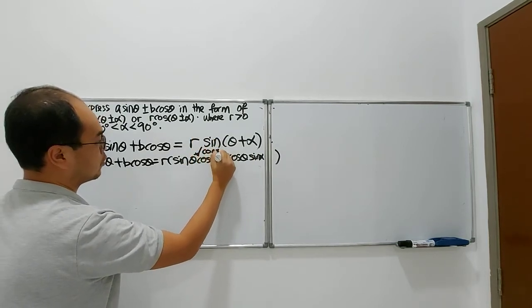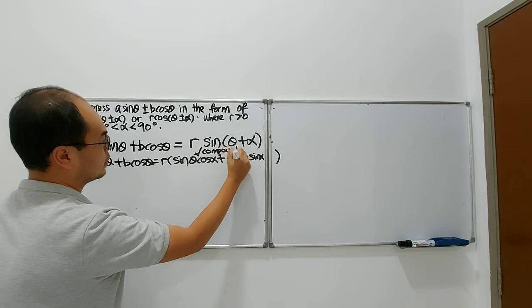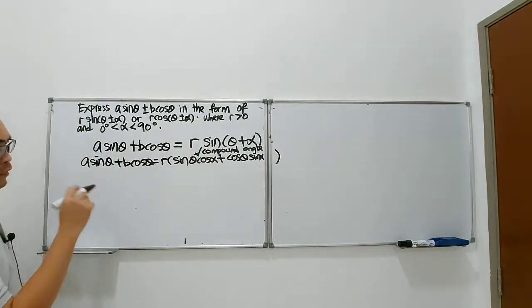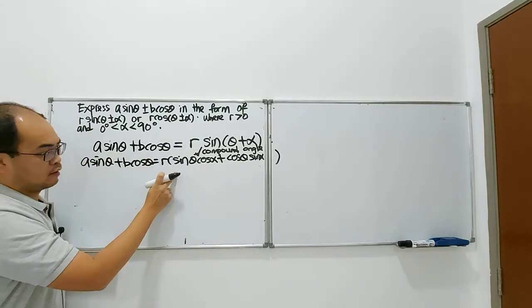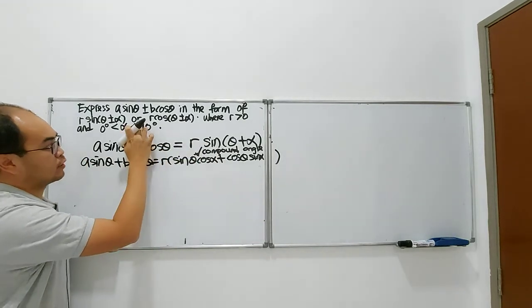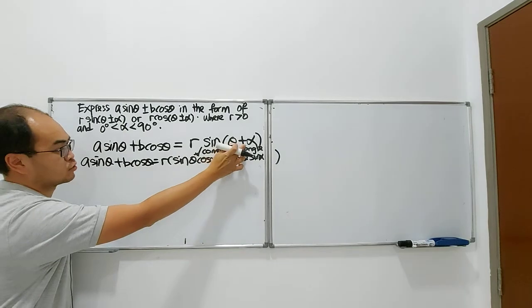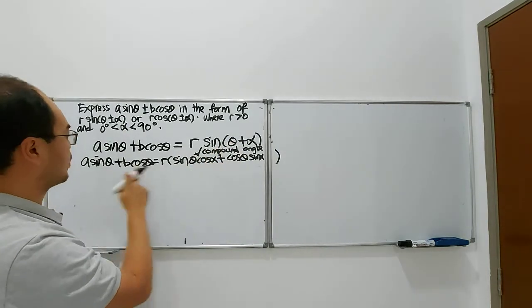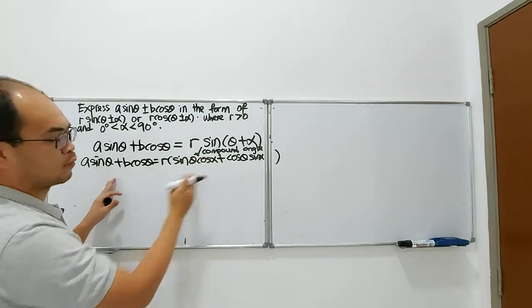You can choose minus also, but if you choose minus, here will be negative, where here is positive, and it's hard for you to compare.